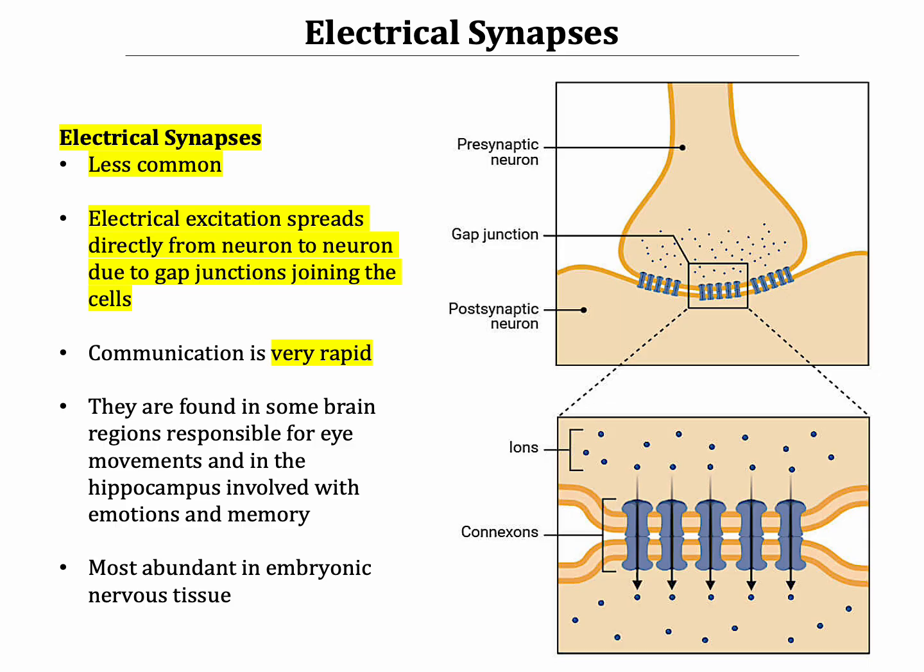So this enables really, really fast communication. So not very abundant, but are found in certain areas of the body. So some brain areas involved with eye movement, areas involved with the hippocampus, so learning and memory, in which we need a quick level of communication. So we find electrical synapses in those areas.